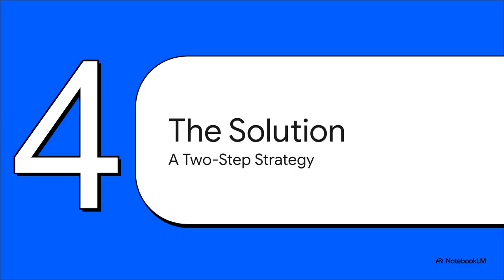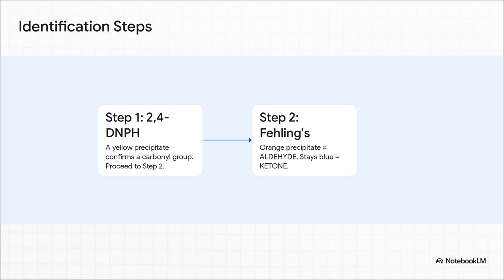Okay, we've collected all our evidence, we have our general test, and we have our super specific tests. So now, let's put it all together into a foolproof step-by-step strategy. This is exactly how a chemist would solve this puzzle, every single time. So here's the game plan. It's just two simple steps. Step 1, use the 2,4-DNPH test.